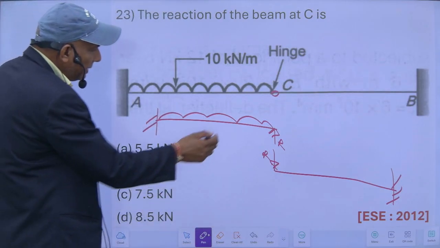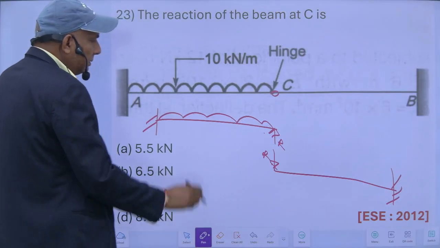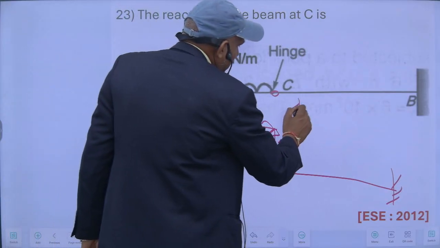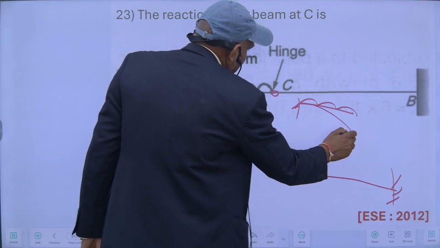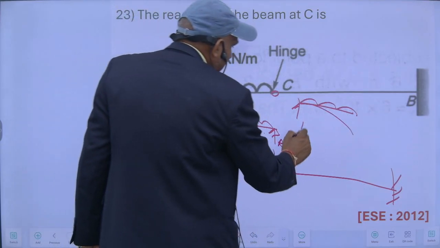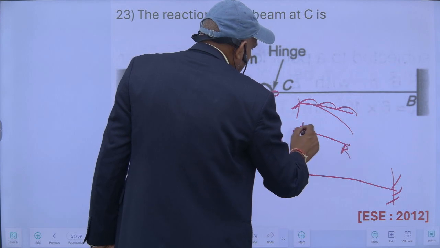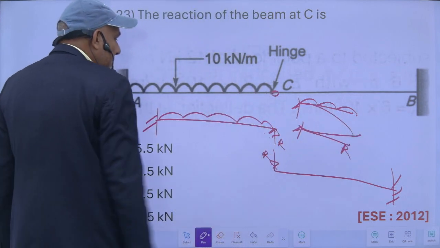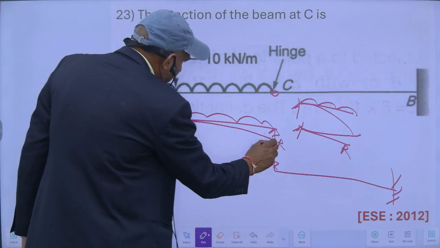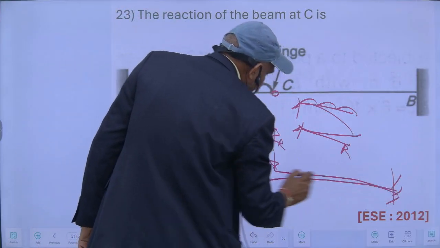So my net deflection at this point will be this one. This UDL will deflect like this and this R will deflect like this. So my net deflection at this point is equal to, suppose this is the net deflection, so the same deflection will be at this point.